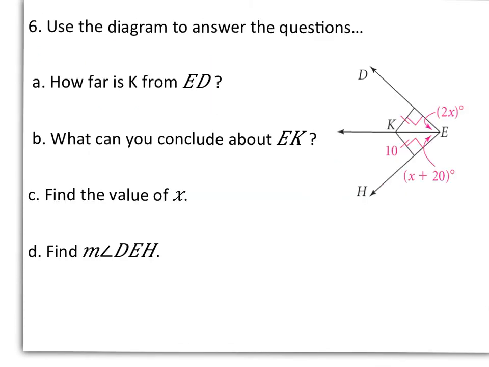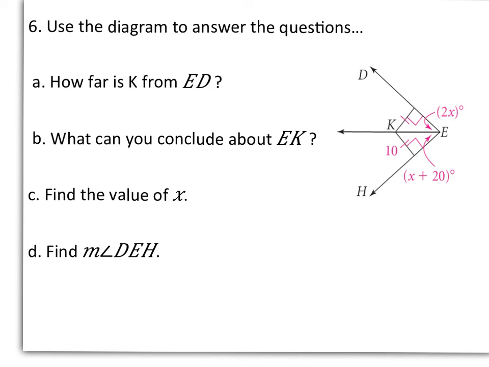Here's our last example for this section. Number 6 says use the diagram to answer the questions. A, how far is K from ED? Well, I see that K is 10 from HE, and I also see that my line segments are marked congruent, meaning K is equidistant from DE and HE.